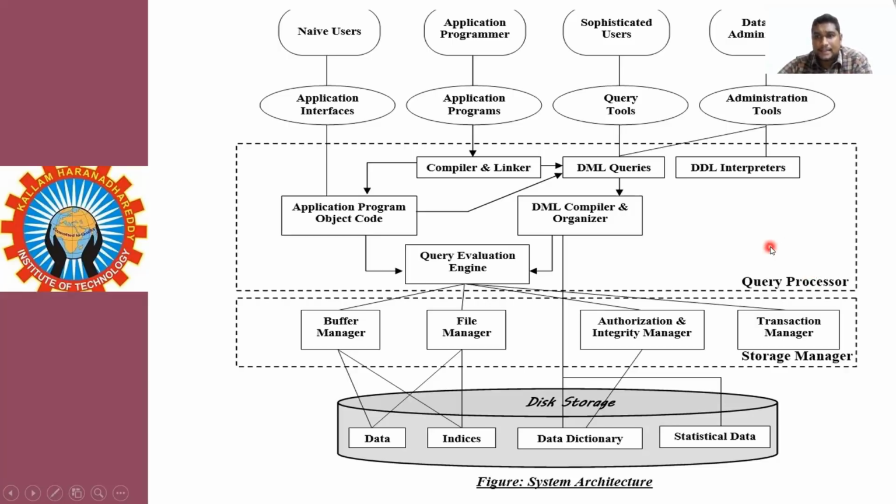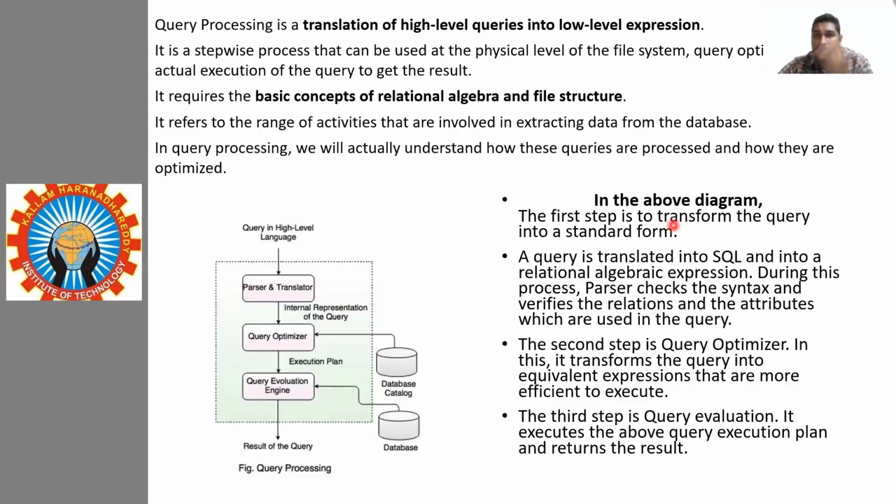We will discuss relational algebra in the second unit, along with ER models. But understand that the query processor's task is conversion of high level to low level language, interacting with the file system and optimizing the query to get the result by means of relational algebra. So it refers to the range of activities involved in extracting data from the database.